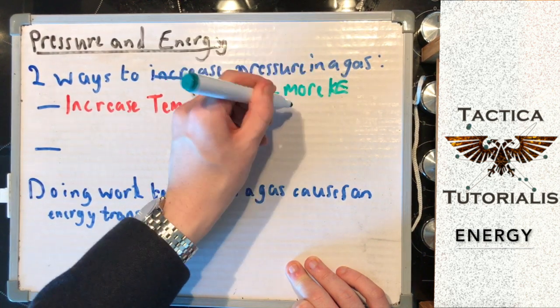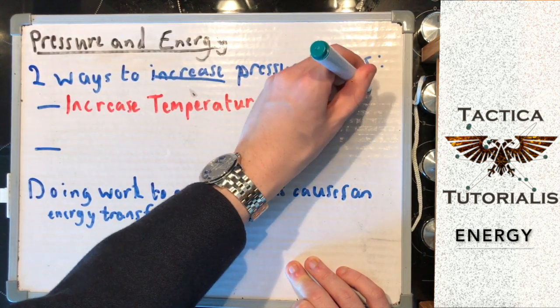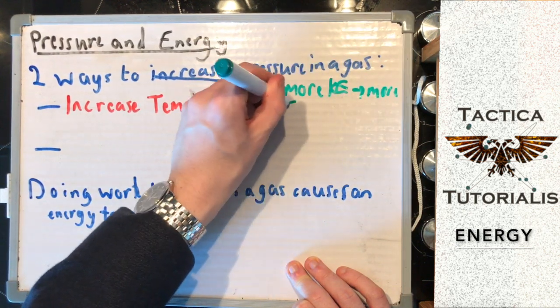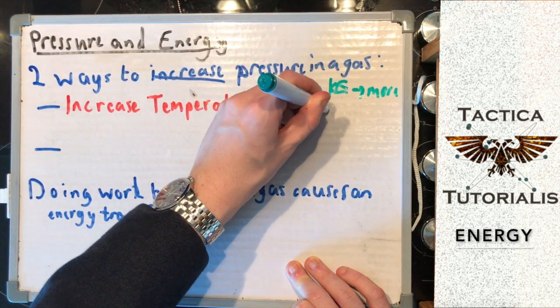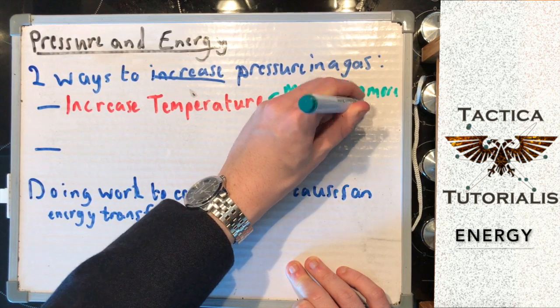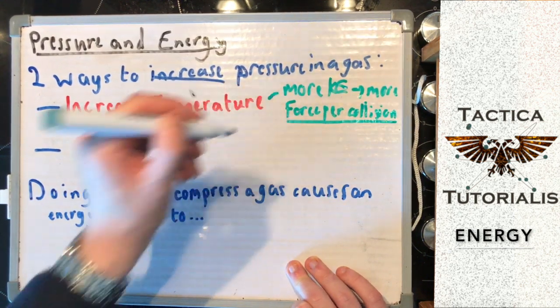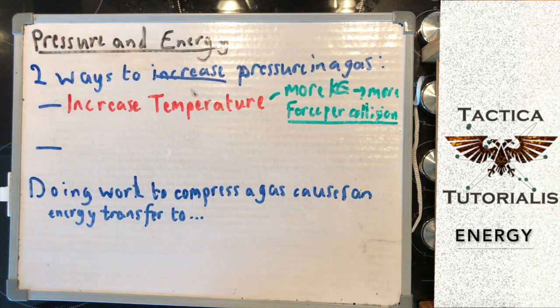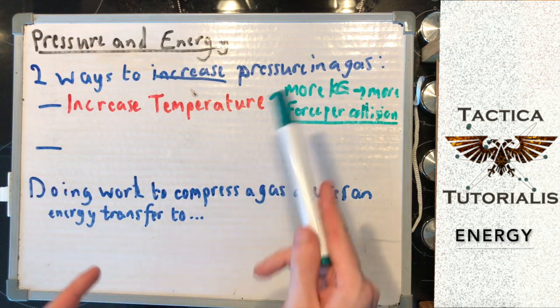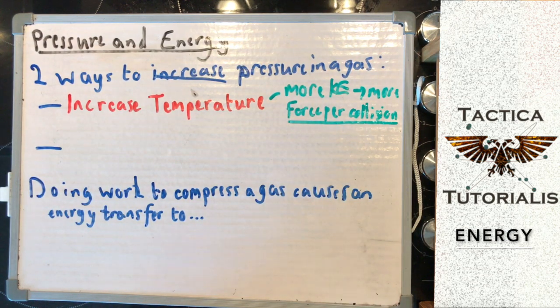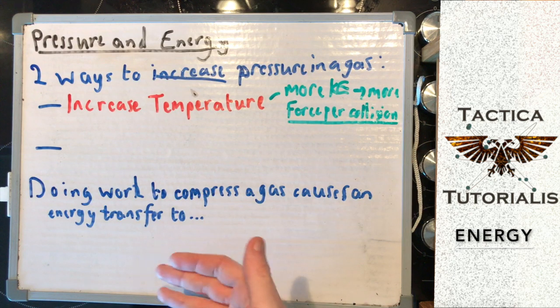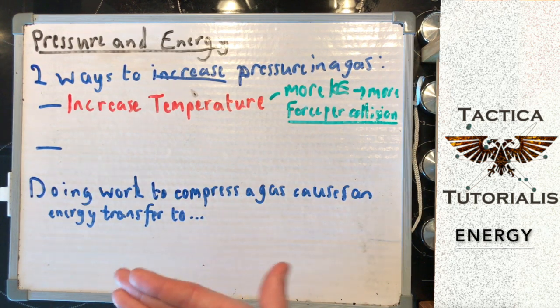More kinetic energy leading to more force per collision. So each particle, on average, is moving faster when you increase the temperature because you've cranked up their average kinetic energy, and that means they hit the wall harder, more force per each collision.